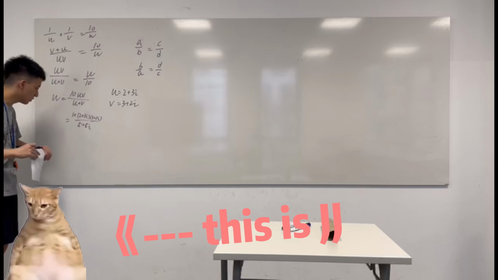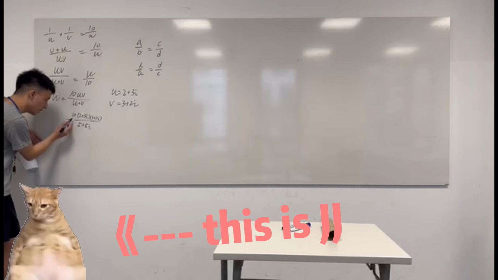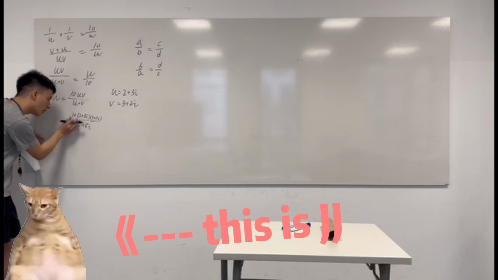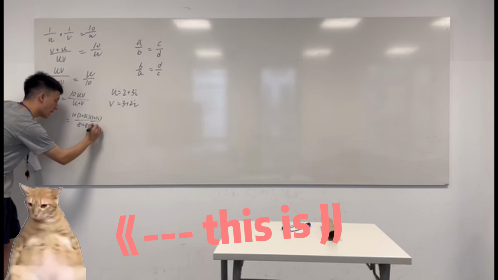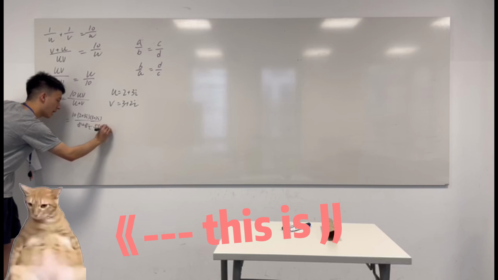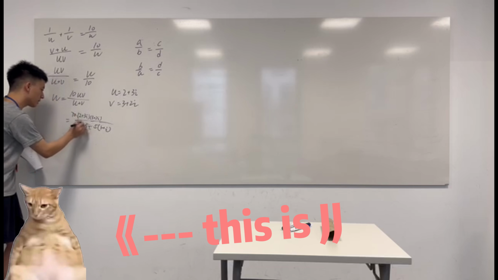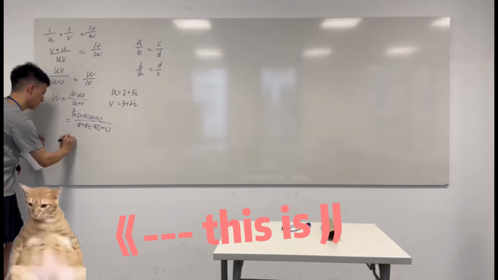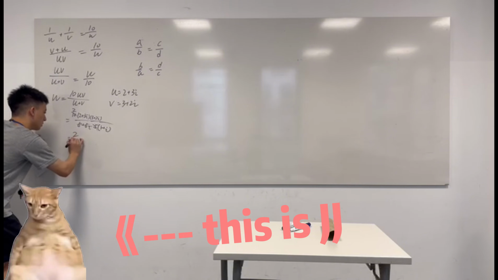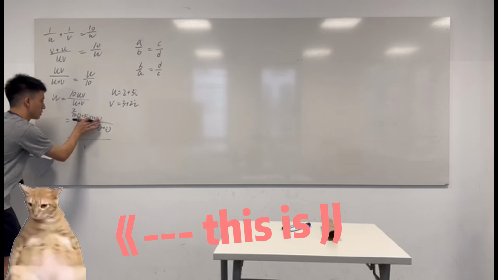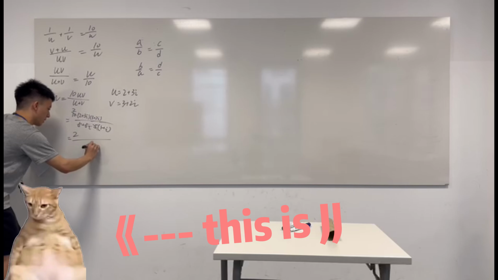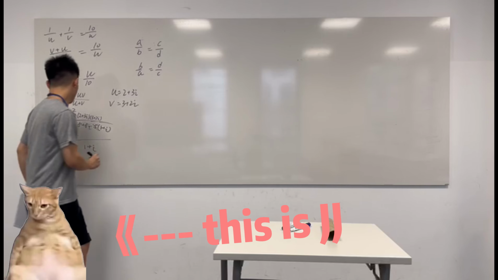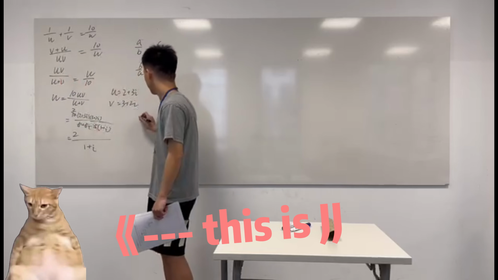And guys, look at this. There is a 10 above and the bottom we can write as 5 times 1 plus i. Therefore, we can cancel that out. We get 2 times these 2 things together over 1 plus i.